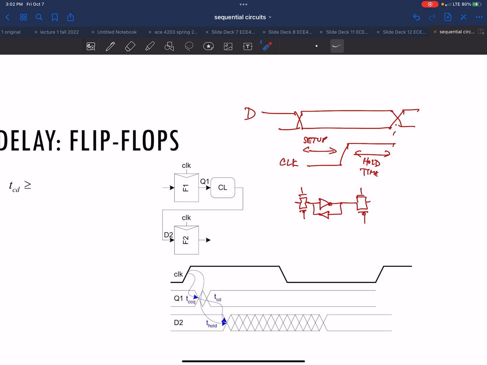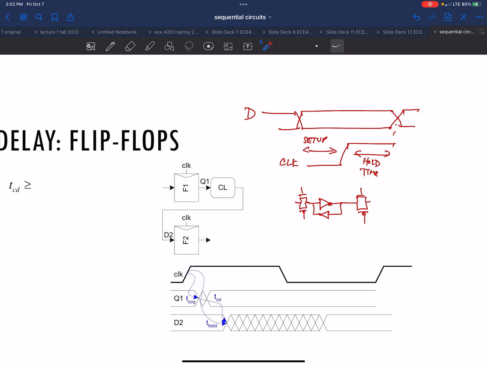And the hold time, what happens with the hold time is if your D is shifting close enough to this output point, so this is your rising edge of your clock, and your D is still shifting over there, there is a chance that your clock is delayed.